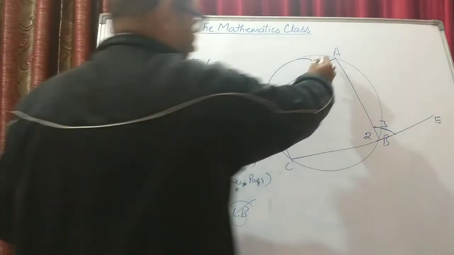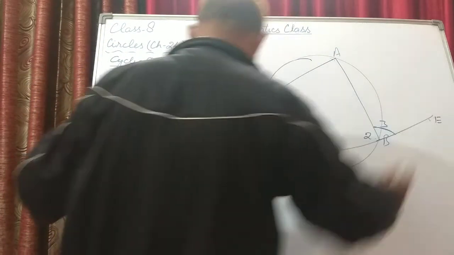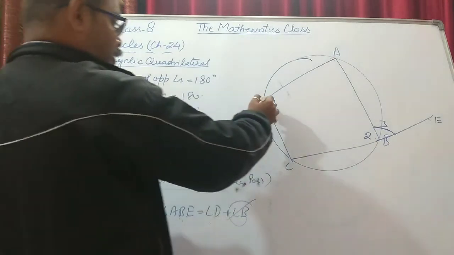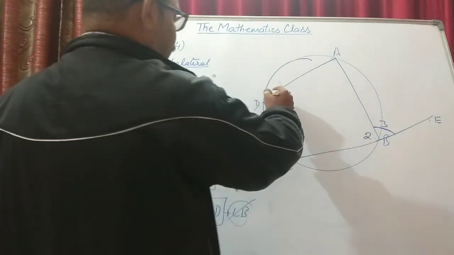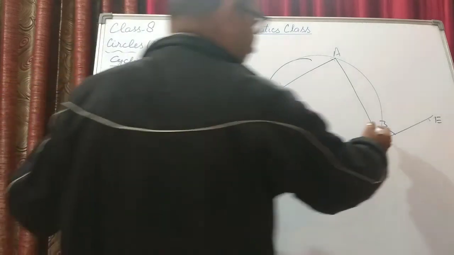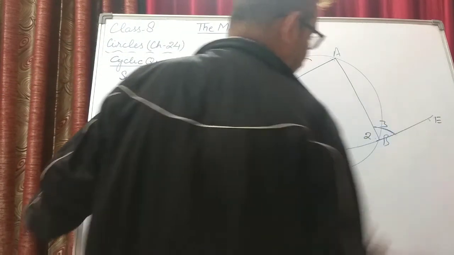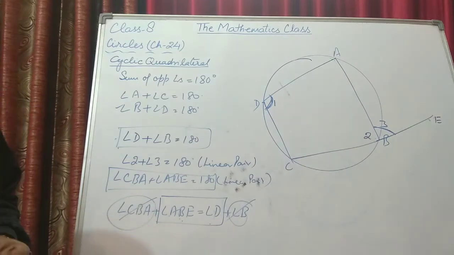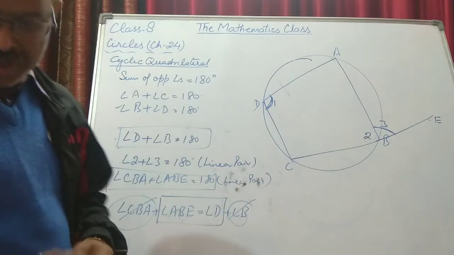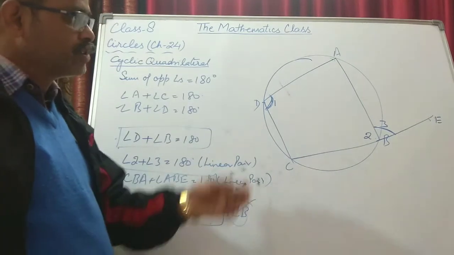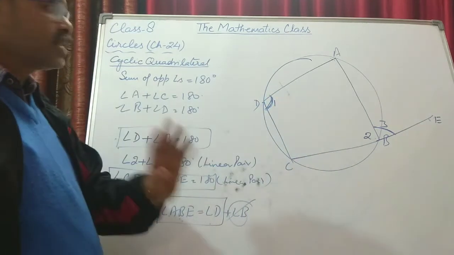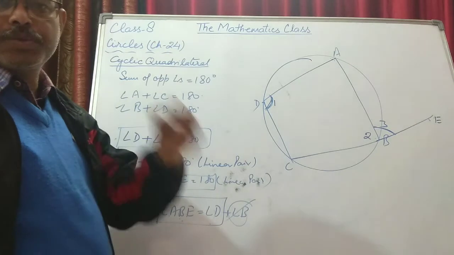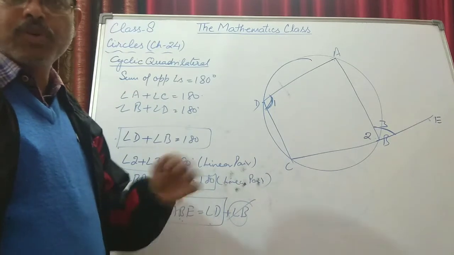Now ABE is equal to angle D. So this is what it says. Means if any side of a cyclic quadrilateral is extended or produced, then the exterior angle formed is equal to the opposite interior angle. So these are the basic things that you need to remember before we solve the questions.